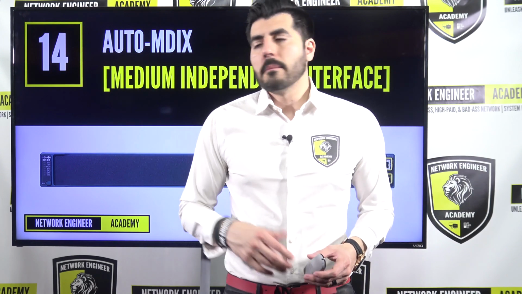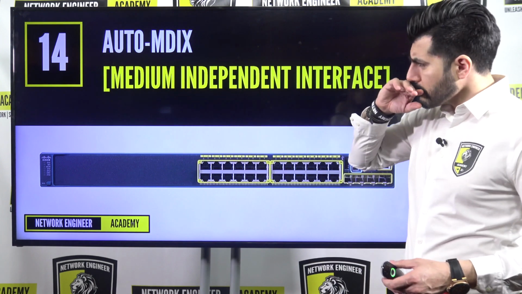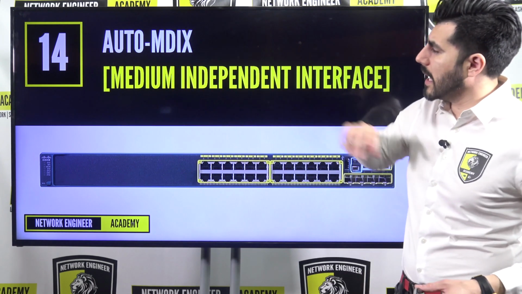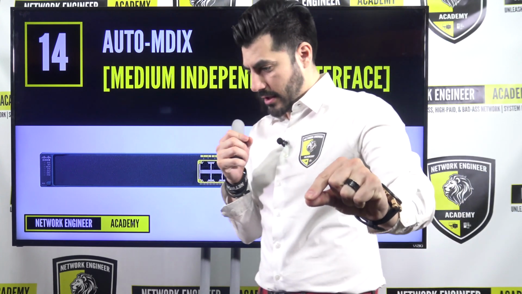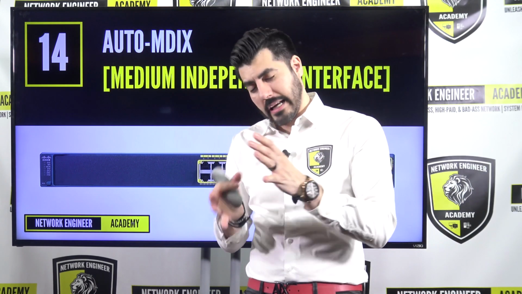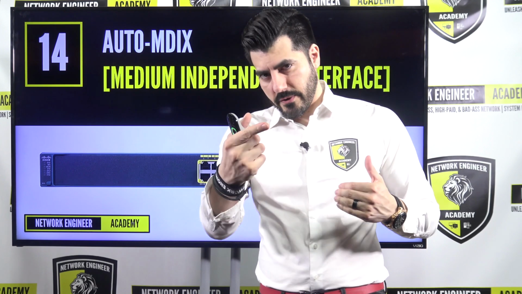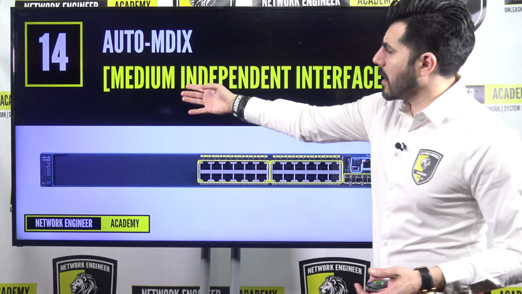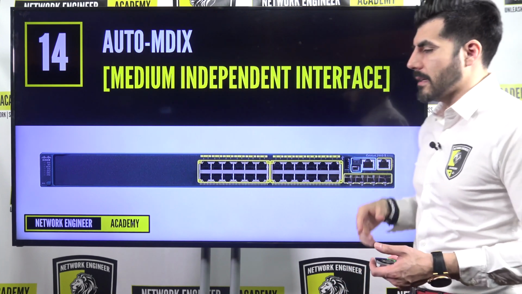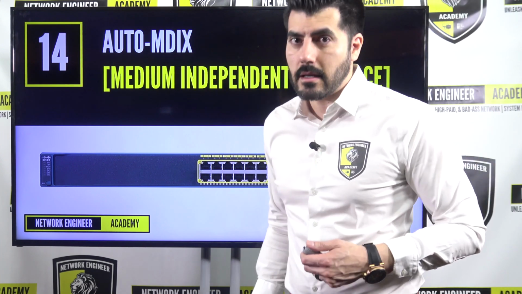So basically they came up with auto MDIX, and that port will detect if I'm connected to another switch, and if that cable is not a crossover cable, I'm going to switch the pins. That's exactly what the switch does, and that's basically called medium independent interface. So that's really neat, right?